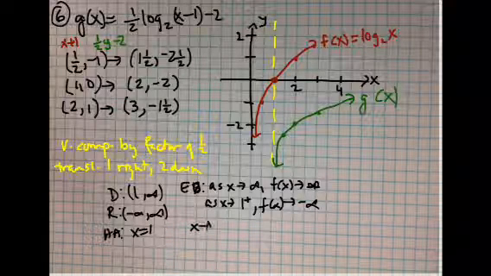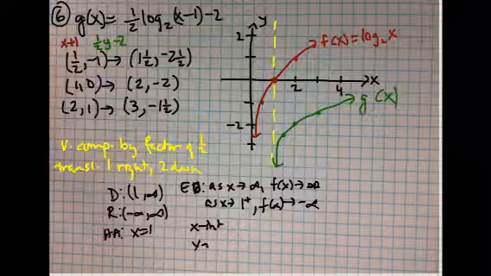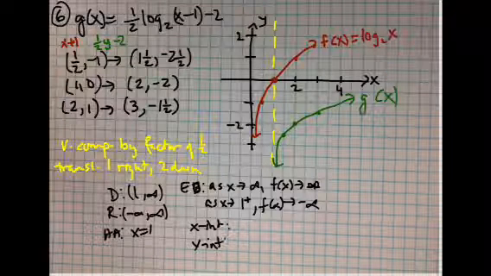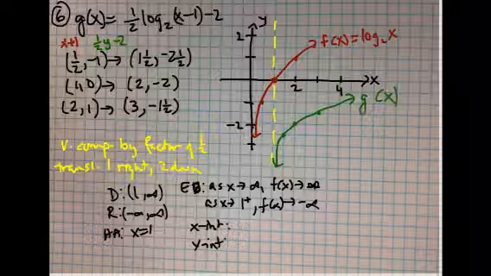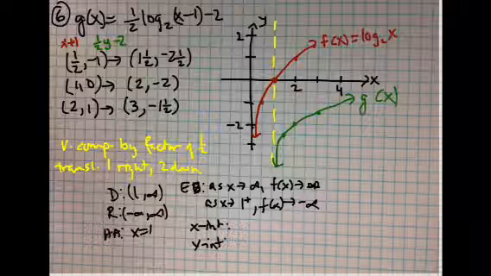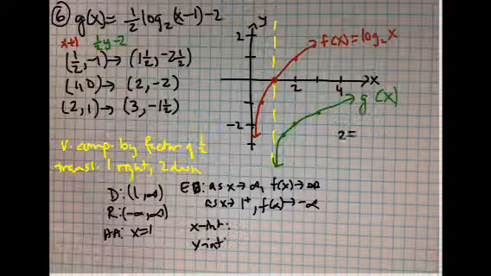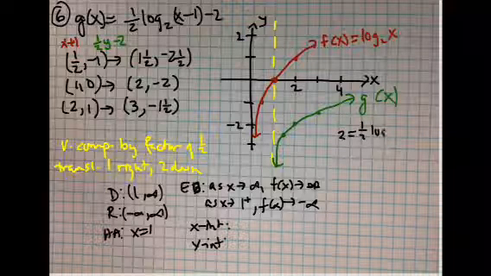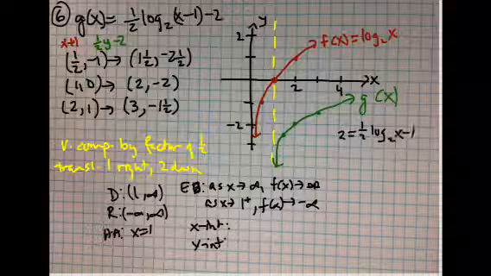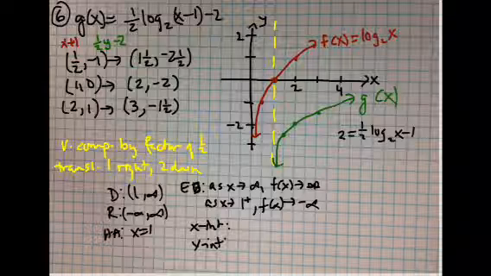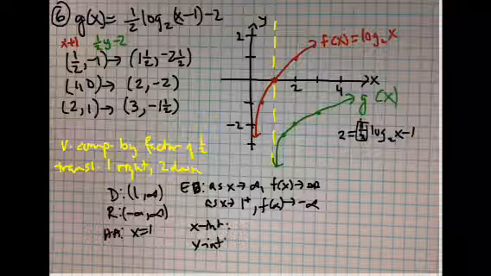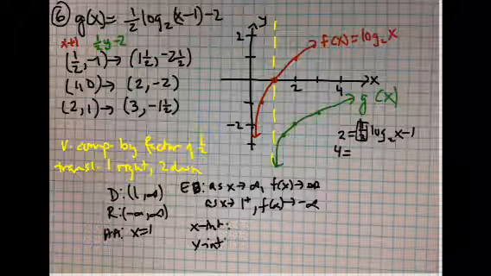Now the x-intercept and y-intercept. So for the x-intercept, you make g of x equal to 0, and the 2 you move over, so you end up with 2 equals 1/2 log base 2 of x minus 1. We multiply by 2 to get rid of this, so you end up with a 4.